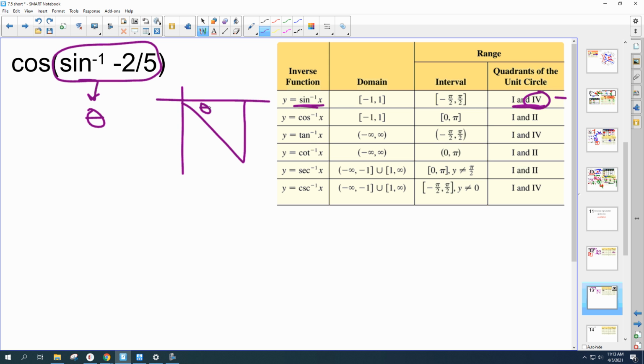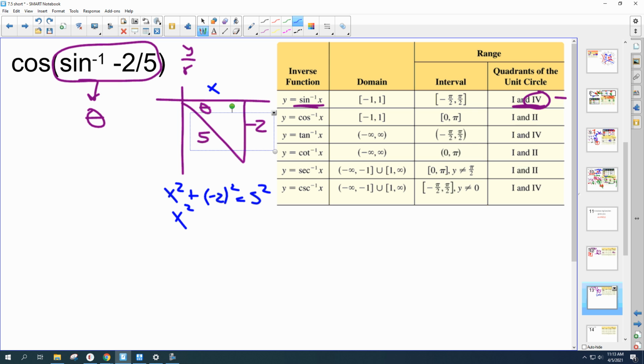The sine ratio is y over r, or opposite over hypotenuse if you want. Y over r, like this. That one's not a well-known triangle, so maybe I'll just go ahead and do my Pythagorean theorem. If you don't know it in your head, you're going to use Pythagorean theorem, I suppose. X squared plus negative 2 squared equals 5 squared.